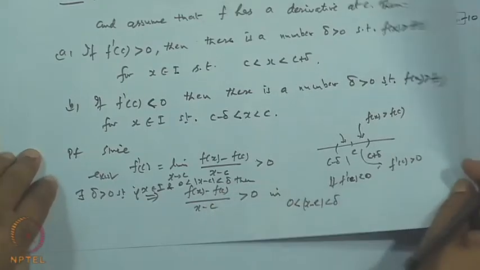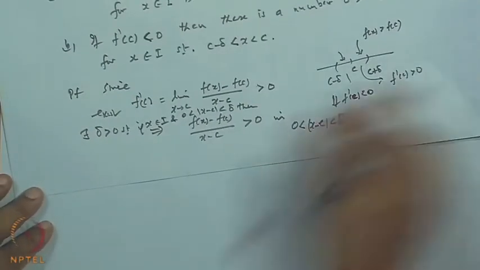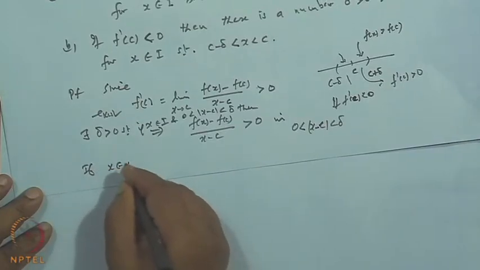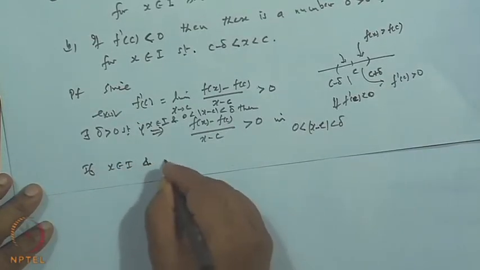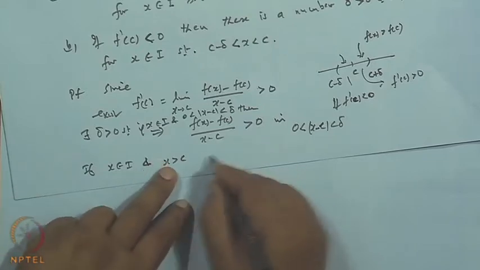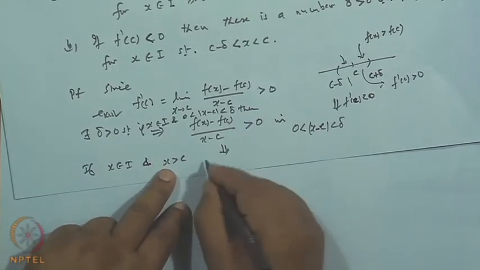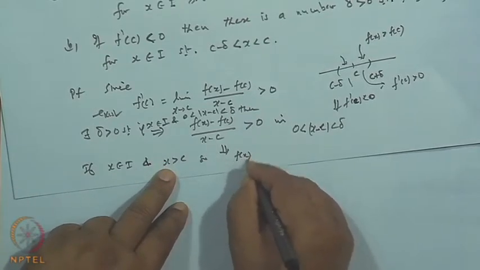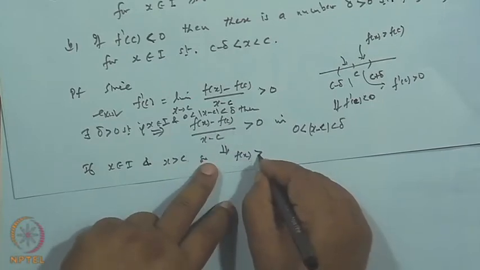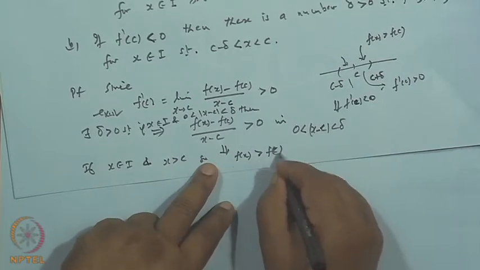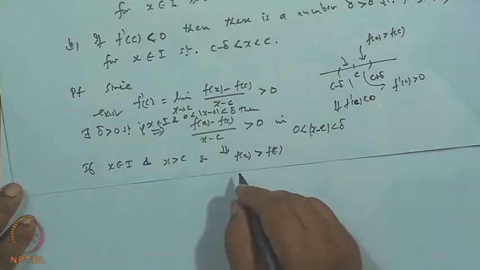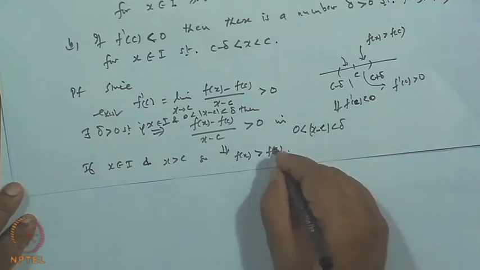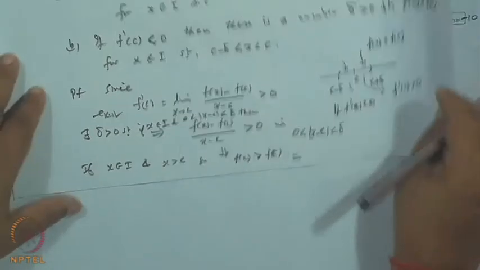So, if x belongs to I and satisfies the condition x is greater than c, then f(x) must be greater than f(c), otherwise this will be negative. So, that proves the result for the first part, and similarly for the other.